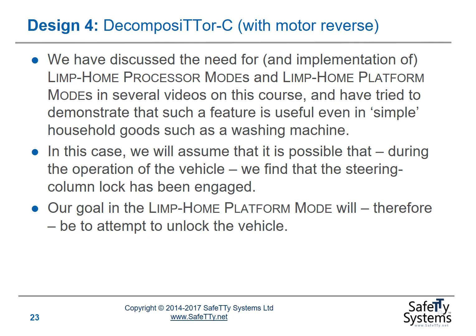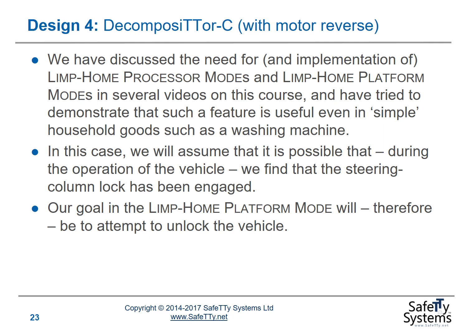In this case, if we return to the particular example, let's assume that it's possible that during the operation of the vehicle, we find that the steering column lock has been engaged. Further assume that this might happen. It's conceivable that this could happen when we were in the middle of the fast lane of a motorway, for example.